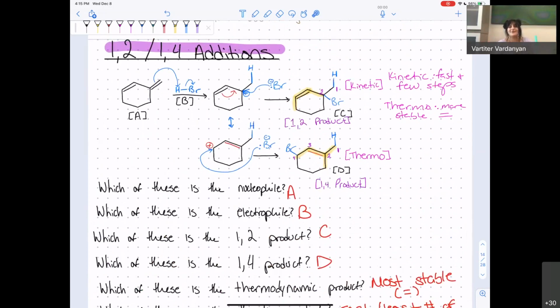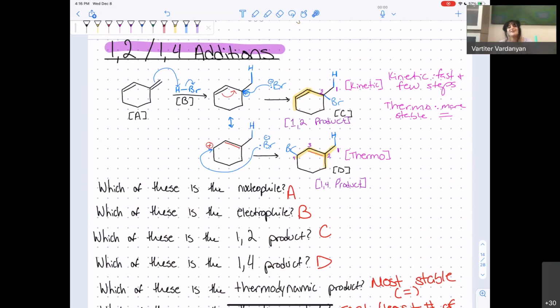So for the 1,2 and 1,4 reaction, I'm sorry, I'm having a stroke. We have a diene, we're reacting with HBr, and we're getting two products, the 1,2 and the 1,4 products. The 1,2 product is when the hydrogen and bromine are next door to each other.